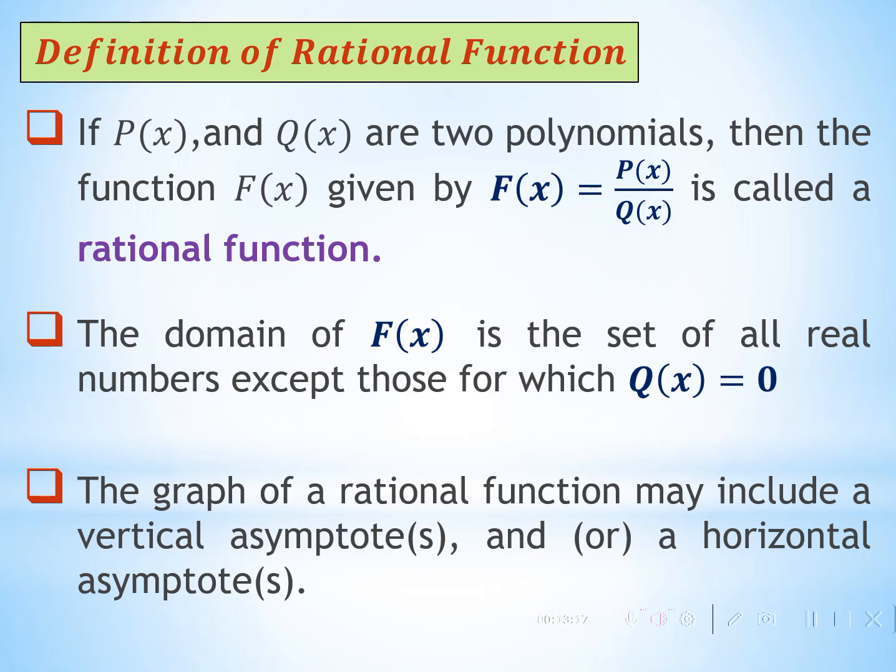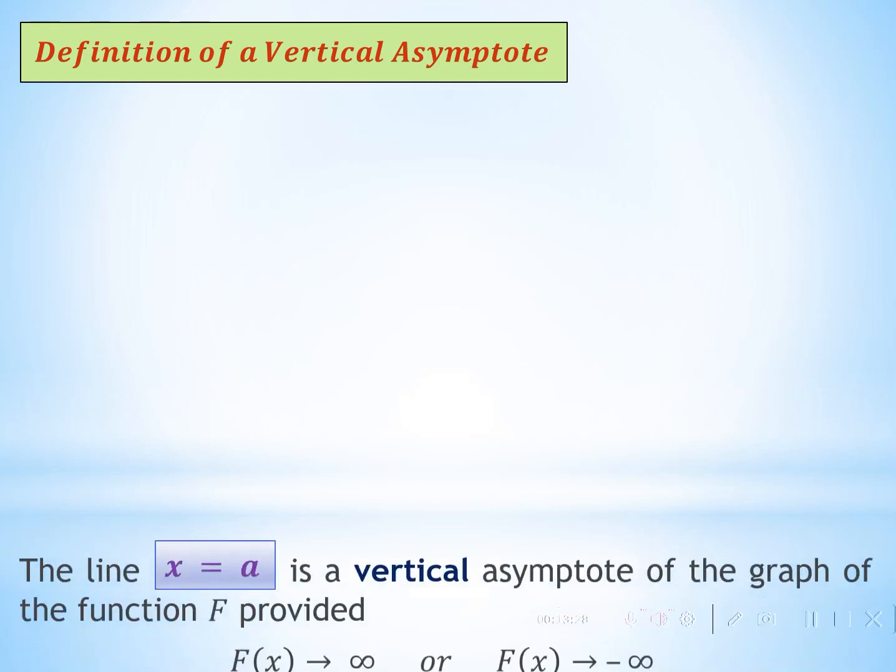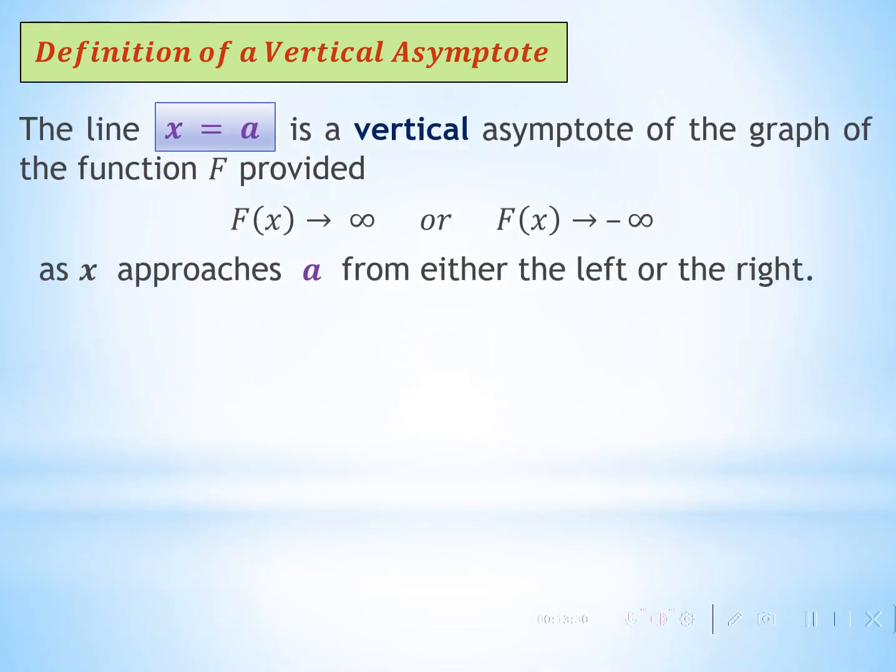This is the main point of studying the rational function. Let's first define the vertical asymptote. The line x equals a is a vertical asymptote of the graph of the function f, provided f of x tends to infinity or f of x tends to minus infinity as x approaches a from either the left or the right.